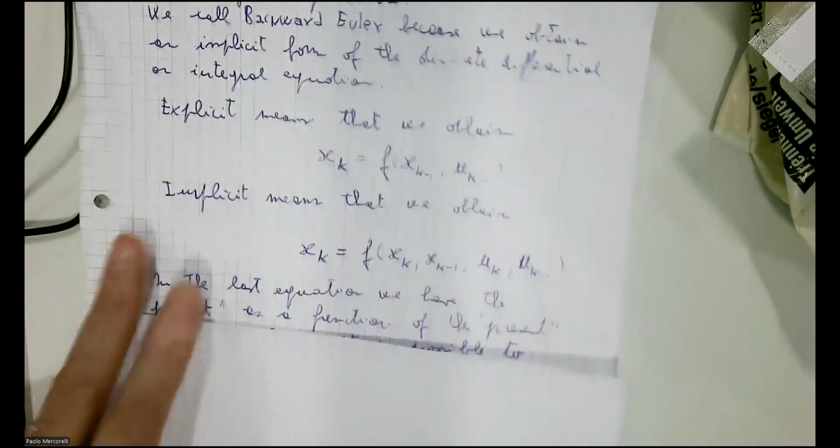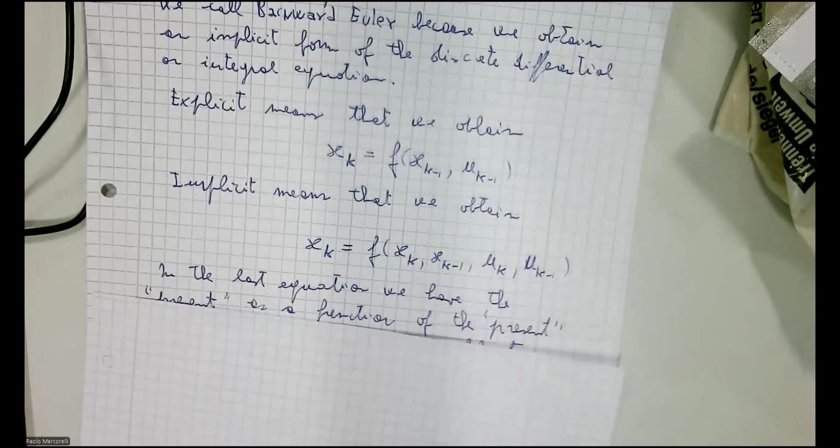What happens if I apply backward Euler or any kind of implicit method? We have seen that we have an implicit method in Runge-Kutta. Probably you heard about that. Anyway, we have other different implicit methods. Probably you learned in technical mechanics implicit Runge-Kutta methods, something like that.